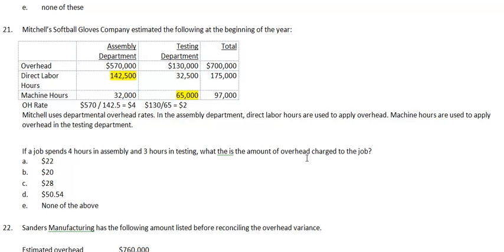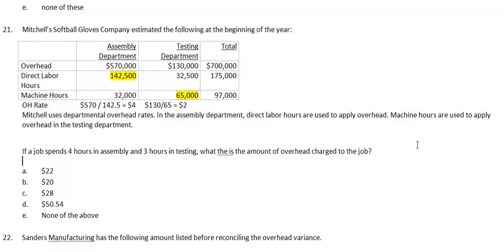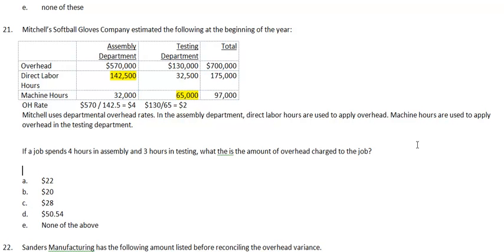So now we have to figure out how much cost we're going to give to this particular job. In the assembly department, this job spends 4 hours in assembly. The rate in assembly is $4 per direct labor hour.